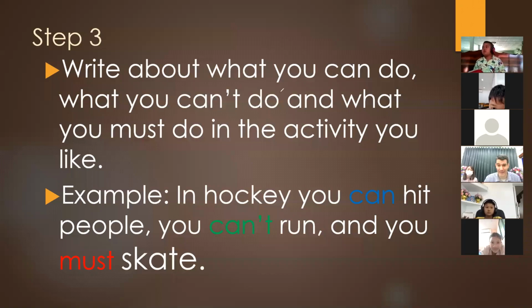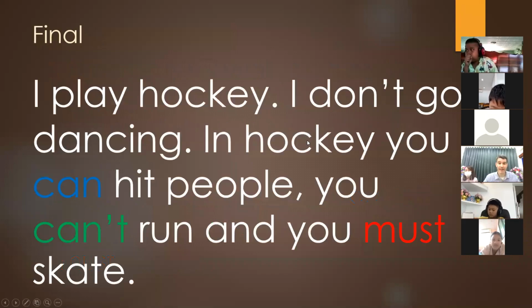So that is what you can do, what you can't do, and what you must do in the activity that I like. So the final, what you should have when you finish is like this. Something that you like. It can be do, play, or go plus an activity. So Teacher Ryan chose hockey, so I play hockey.